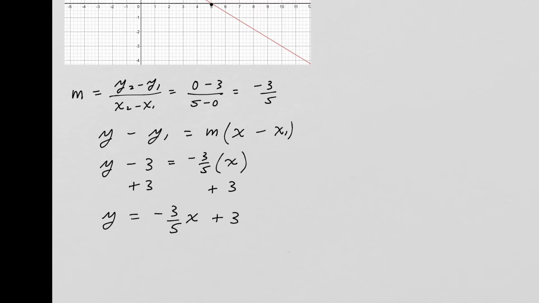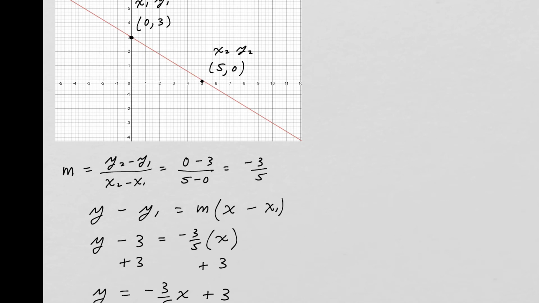Okay, another way you could have done this is you could have looked at the slope as being the rise over run. So if I start at this point right here, how do I get back on the line? Well, I'd have to move down 3 units. So my rise would be negative 3. And then I have to move over to the right 5 units, and then I'm back on the line, right? So my run would be a positive 5.